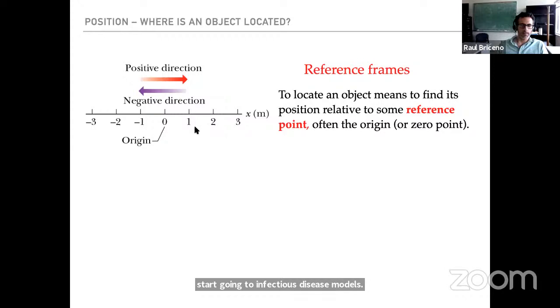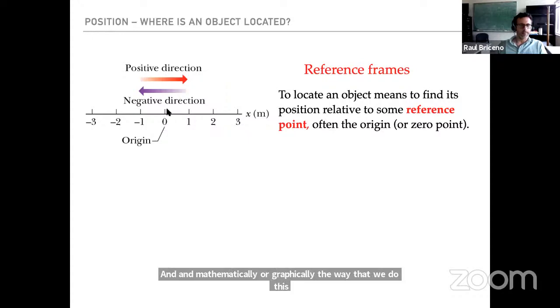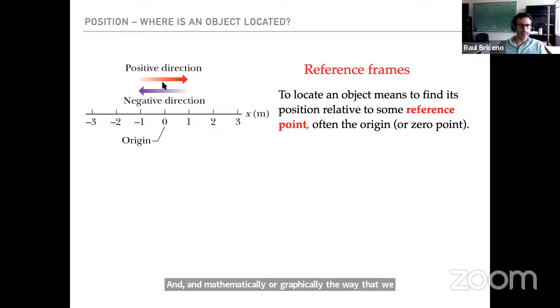So maybe just to remind you of some of the basics of when we think about the locations of objects. If we want to locate a position, we always have to define some frame of reference, and mathematically or graphically, the way that we do this is by saying at some point we pick to be the origin, and then we designate some direction to be positive and another direction to be negative, right?